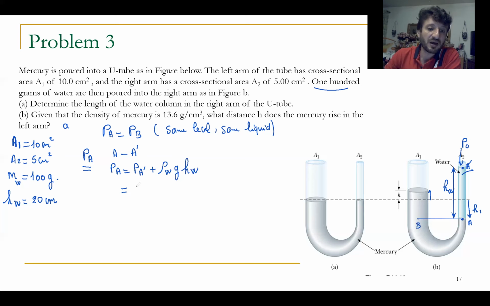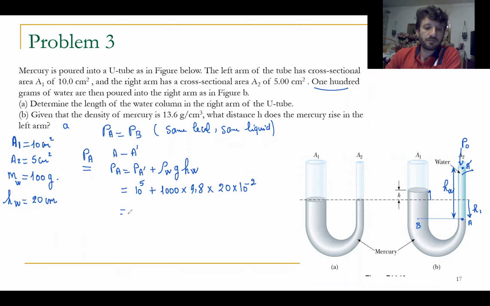So PA prime equals P0 plus rho of water, equals 1000 kilogram per meter cube, times 10, or we can say 9.8, times H of water, equals 20 times 10 to the minus 3. Don't forget to convert centimeter to meter. Okay, you know P0 equals 10 power 5 Pascal.